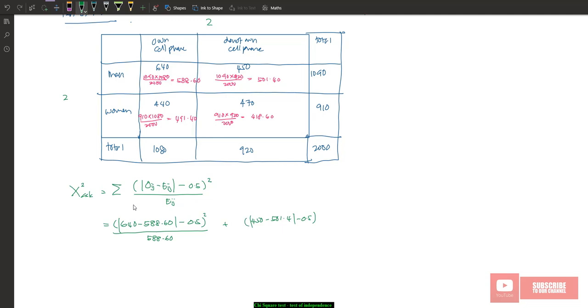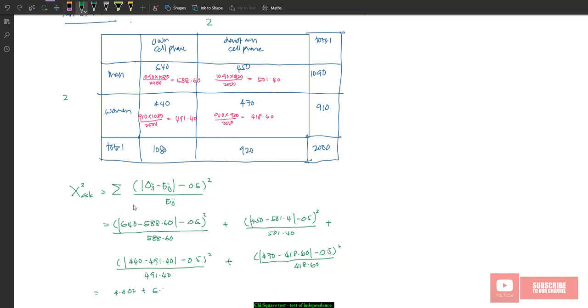This minus 0.5 is a correction that Yates made for Pearson's chi-square statistic. Divided by 501.40, plus the third one, 491.40 minus 440, minus 0.5, squared, divided by 491.40, and the last one is 470 minus 418.60, taking the modulus, minus 0.5, squared, divided by 418.60.